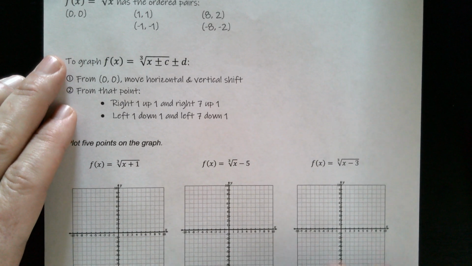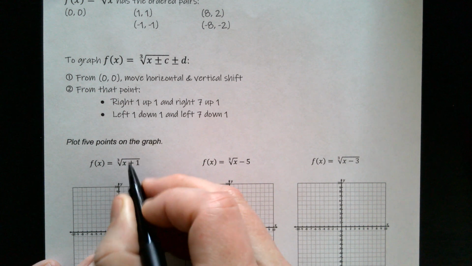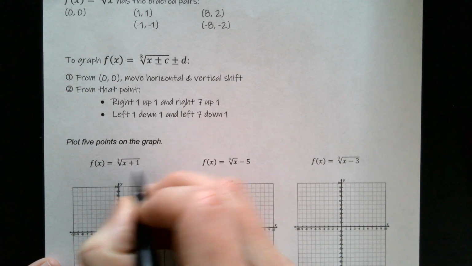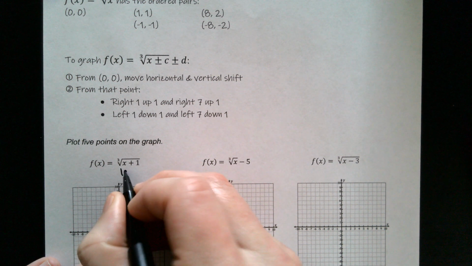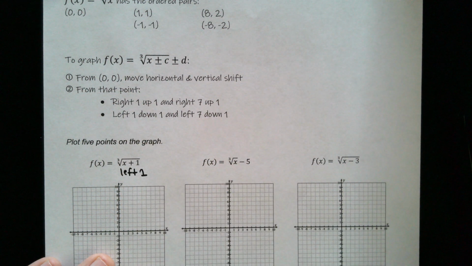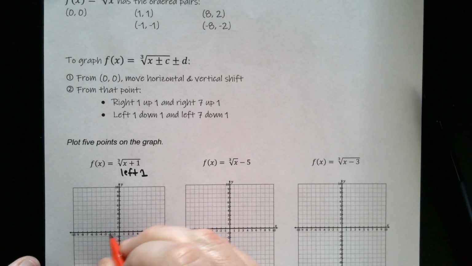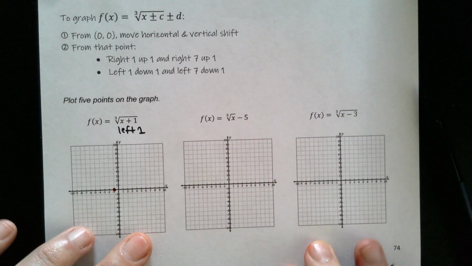We've got f of x equals the cube root of x plus 1. Since this plus 1 is on the inside of the cube root, this is a left or right shift, opposite of the sign. So this is going to shift left 1. Instead of plotting at (0, 0), I shift it left 1, and there's my new point.